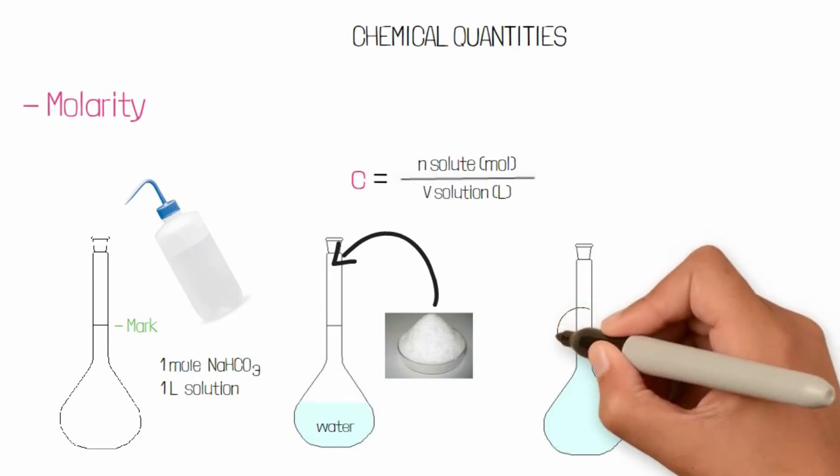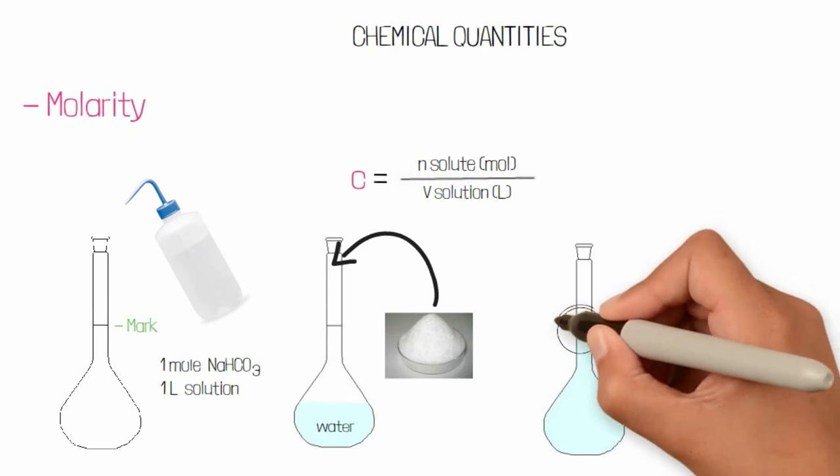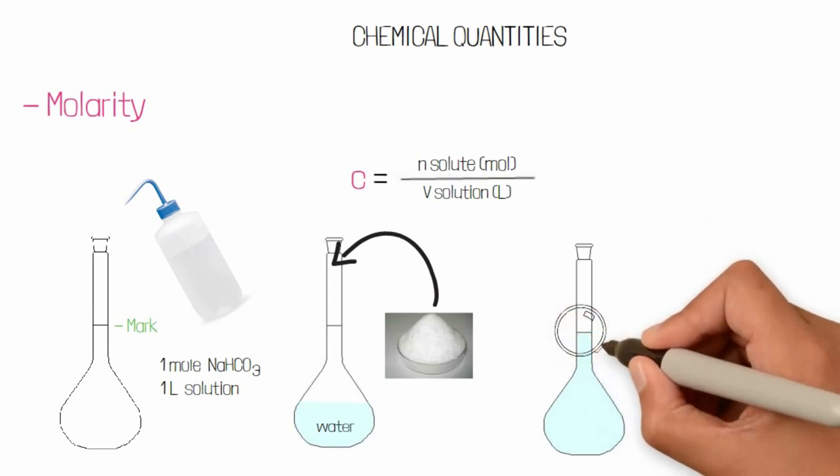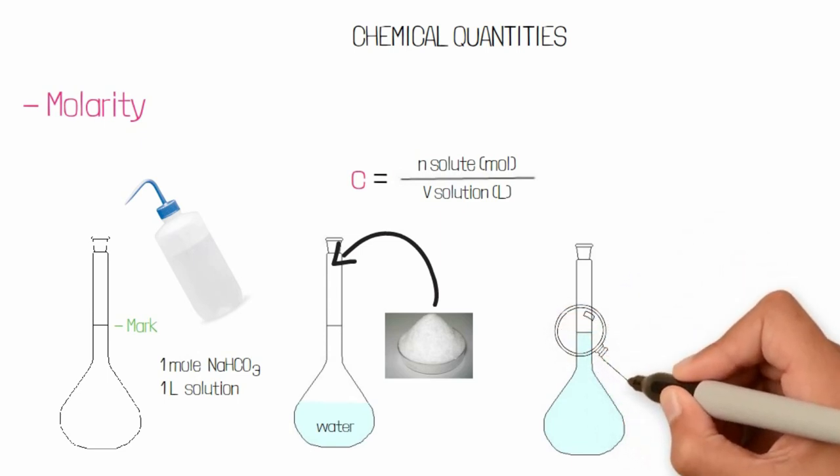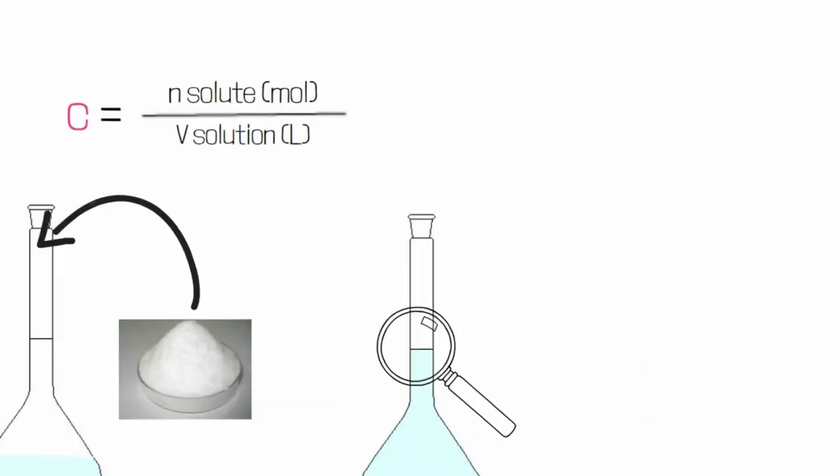Why? Let's magnify this part with the line. Since water is a polar solvent, it will cling to the wall of the flask to form this meniscus. So you reach this line when the bottom part of this meniscus is touching the line, okay?